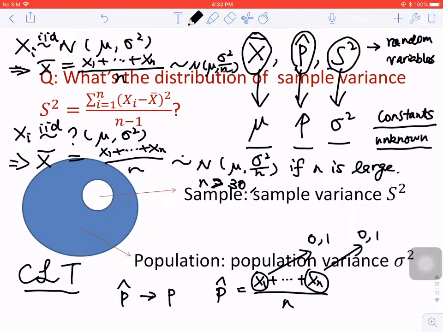If those xi's are IID Bernoulli, then x1 plus x2 plus up to xn divided by n can be written as x bar, right? So the sample proportion essentially is just a special case of sample mean x bar. So we can apply all the properties of x bar that we have derived before to the sample proportion. That's the basic steps that we have talked about in the previous section.